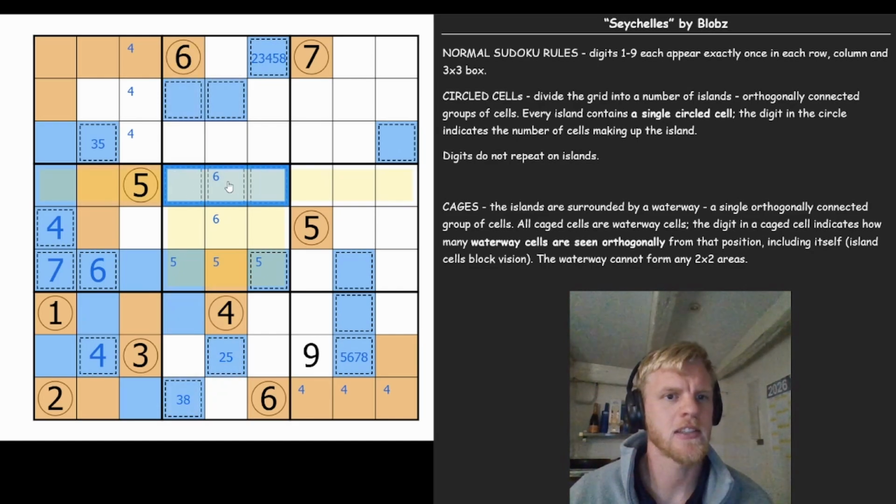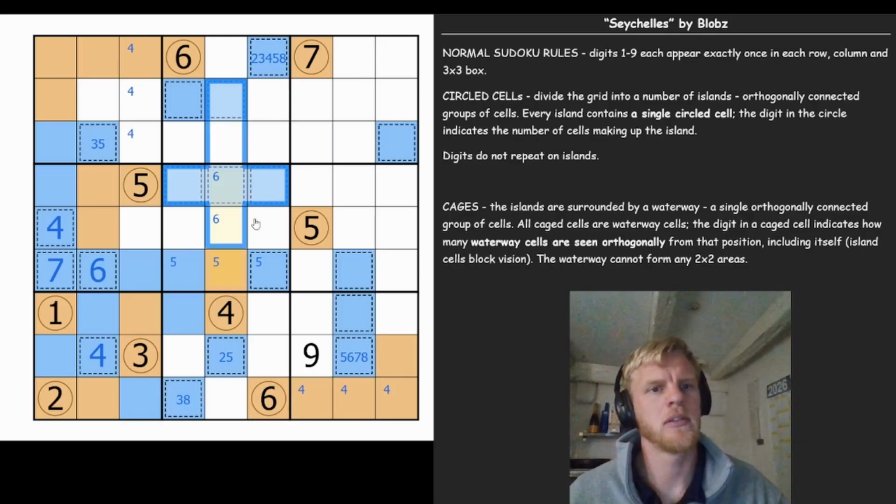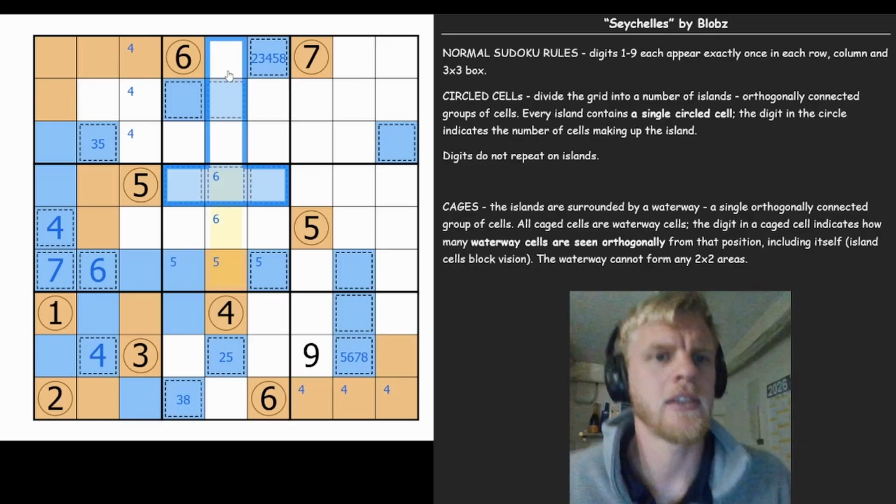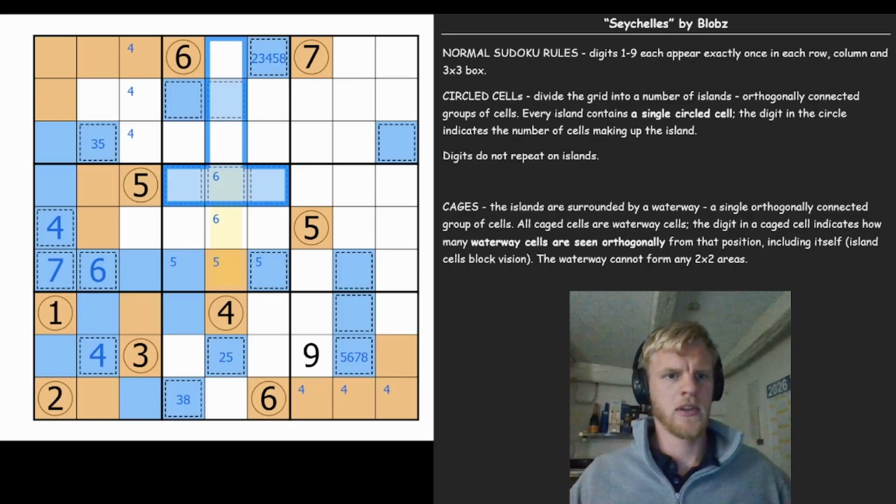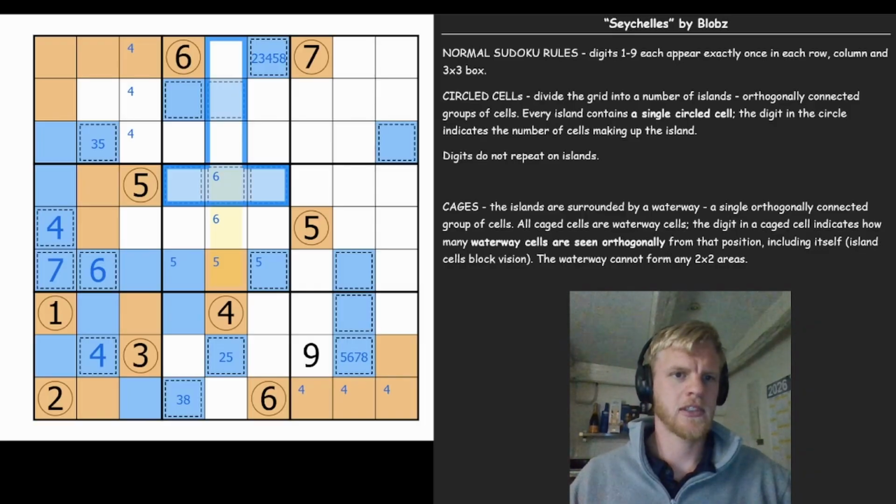Can this see 6 in any case? 1, 2, 3. Like this, or like this. 6. I think that's possible if the 7 then covers this area.